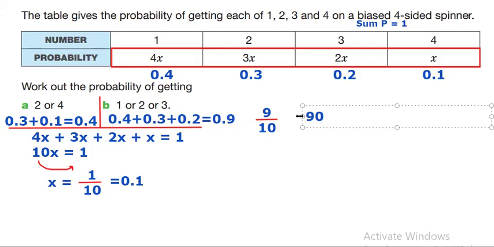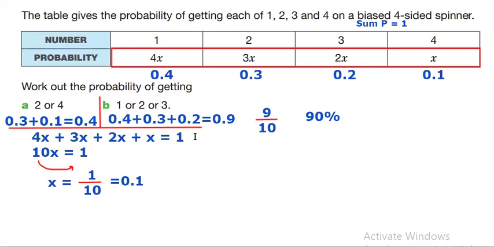But if they ask me to write it in a certain way, I have to follow that. Sometimes in the questions, they will tell me to write the probability as a fraction, a decimal, or a percentage. But if they didn't ask, I can write the probability in any form I want.